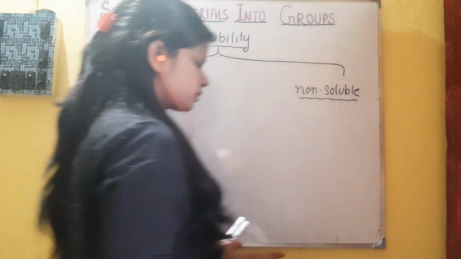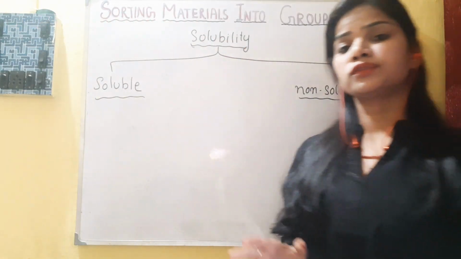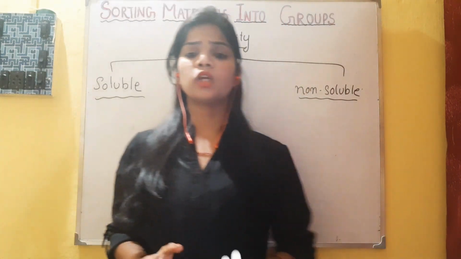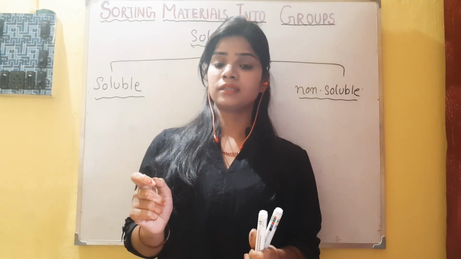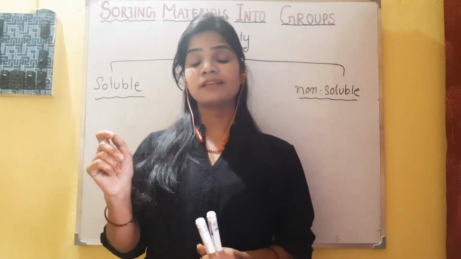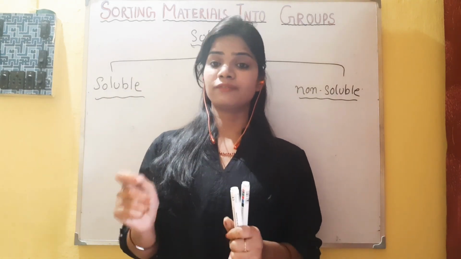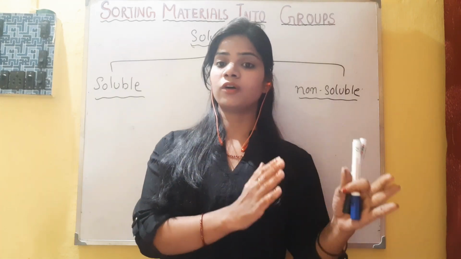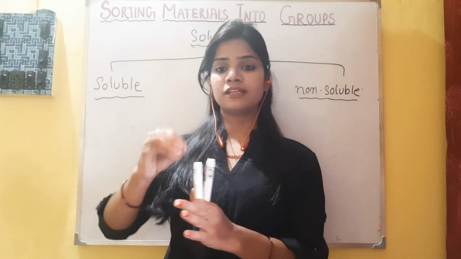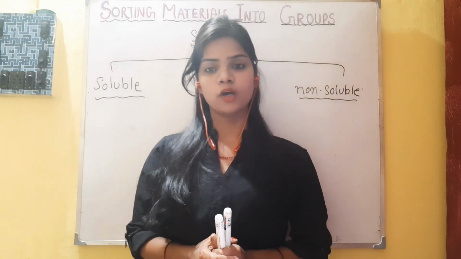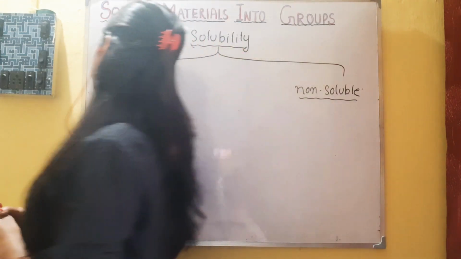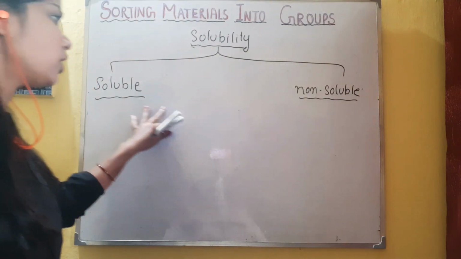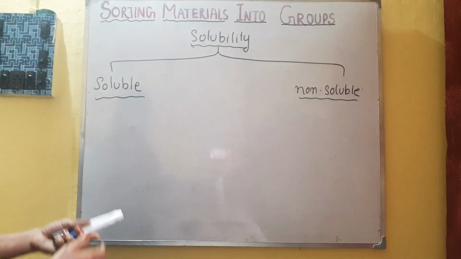Now we will group materials on the basis of solubility. What is meant by solubility? Solubility means the materials or things which can easily get dissolved in water. It means after dissolving in water, we cannot see water and the thing which has been dissolved separately. So on the basis of solubility, we divide materials into two groups, soluble and non-soluble.